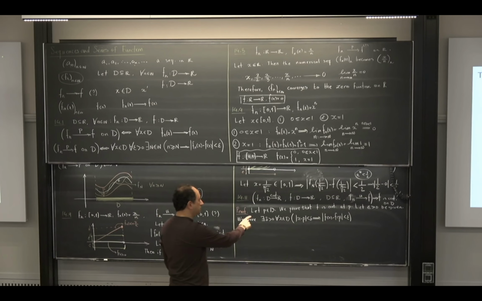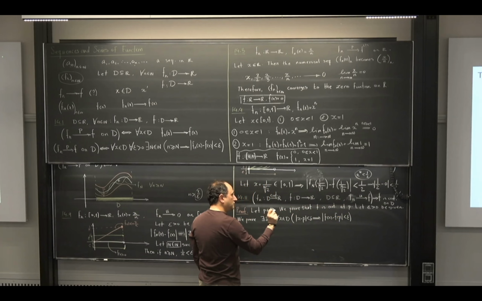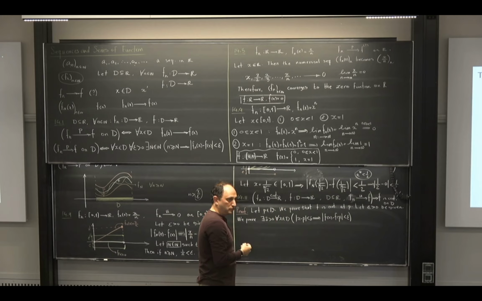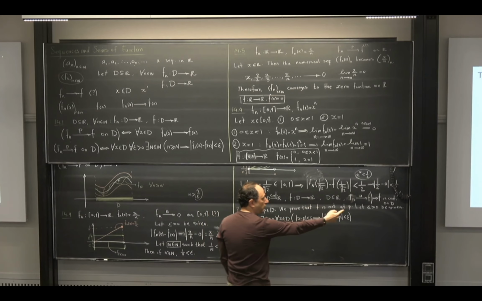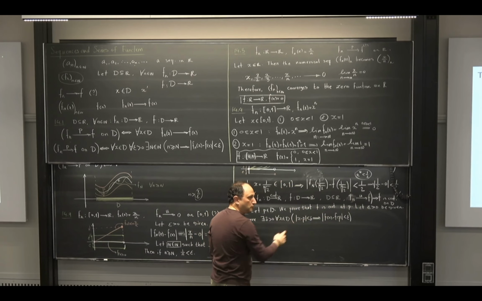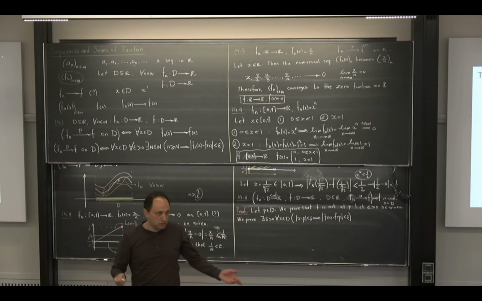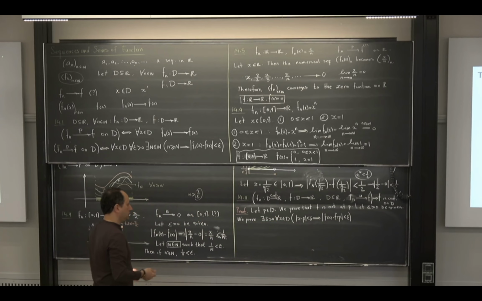I want to prove that f is continuous on D. It means that I have to check the continuity point by point. So I pick one point from D, and I want to prove that f is continuous at that point. To prove this, I have to use the epsilon delta definition of continuity. So let us choose one epsilon given. My goal is to convince you that you can always find the delta, so that this implication works for every x in D. If I can succeed at that, it means that I have proven that this is continuous.